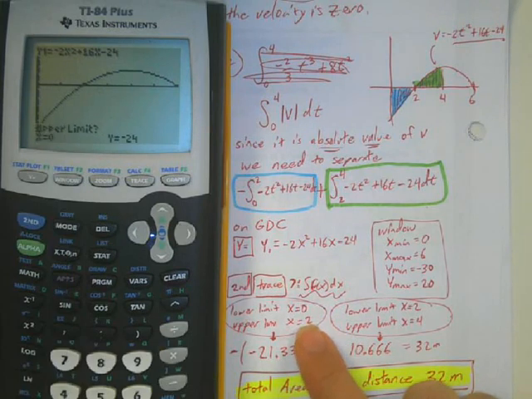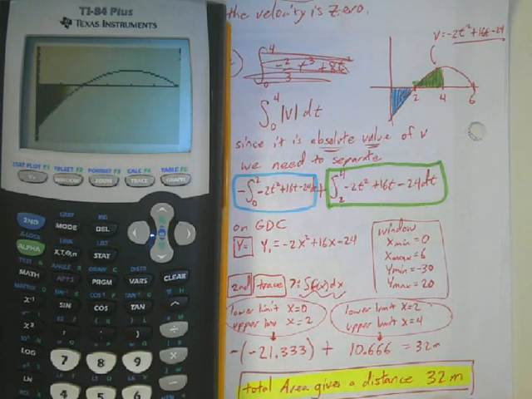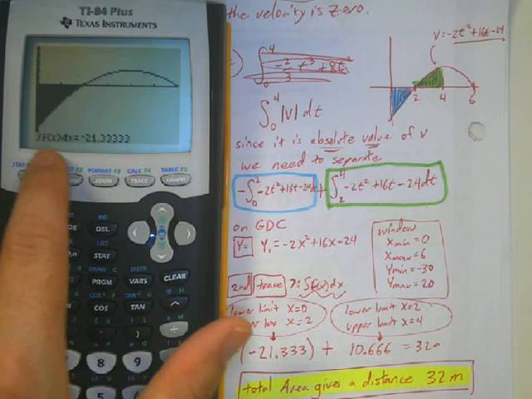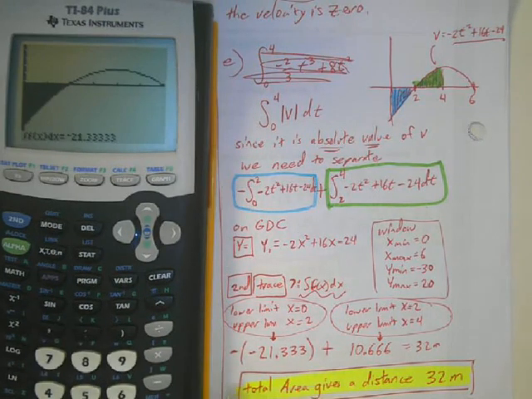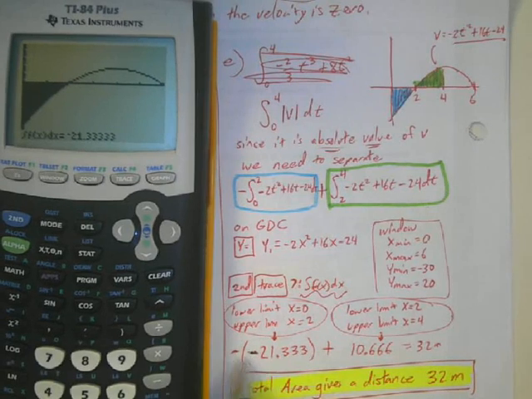And now it says upper limit, and I'm going to type in 2, and hit enter. And now it's shaded that in, and it's told me that that area is negative 21.33. So I'm going to put a negative there, and so I know that area is 21.3.